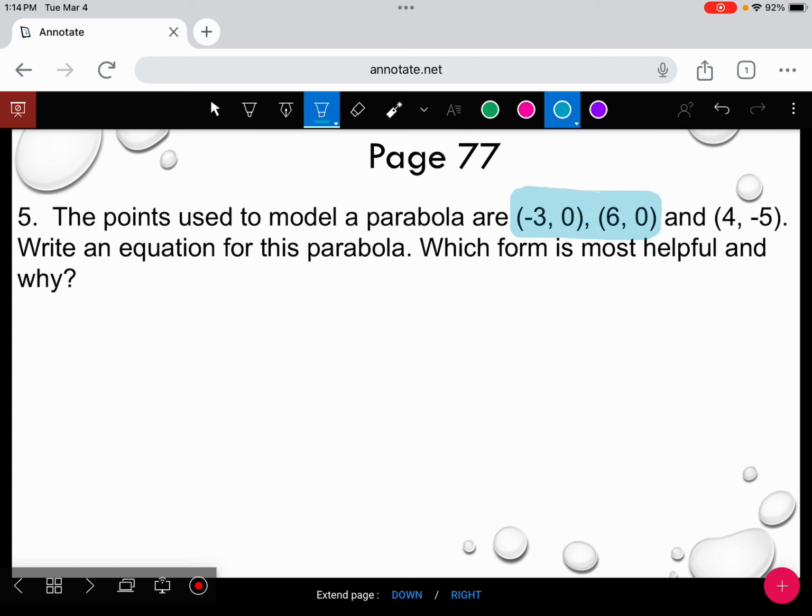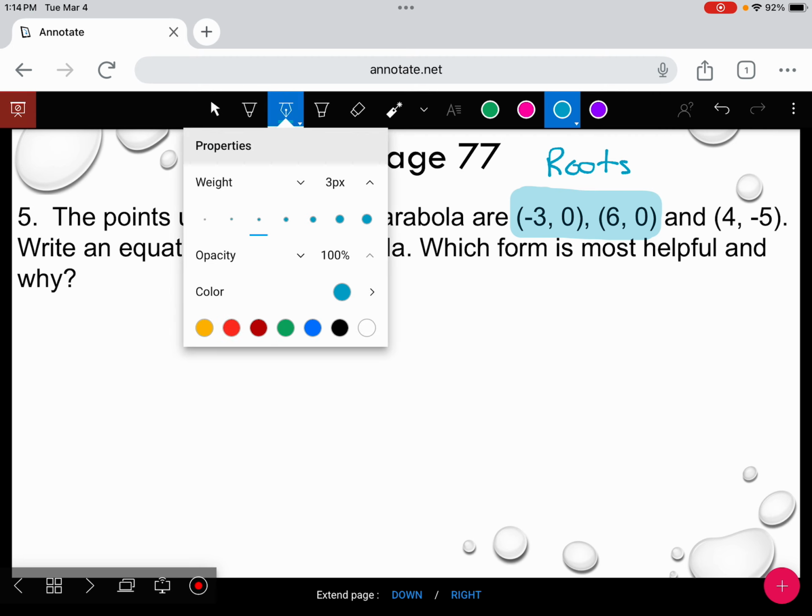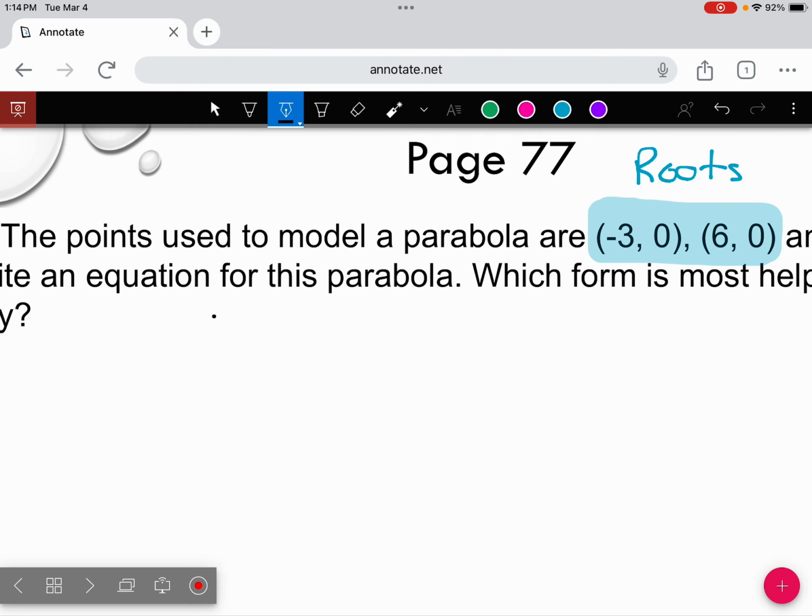They're both on our x-axis, meaning these are our x-intercepts, which also means that these are our roots. So what we can do is use this information to write an equation in factored form. Our factored form equation was y equals a times (x minus r1)(x minus r2).